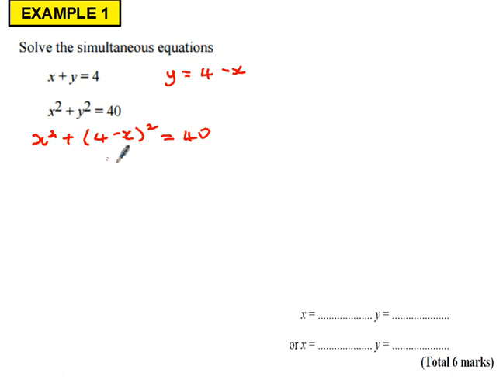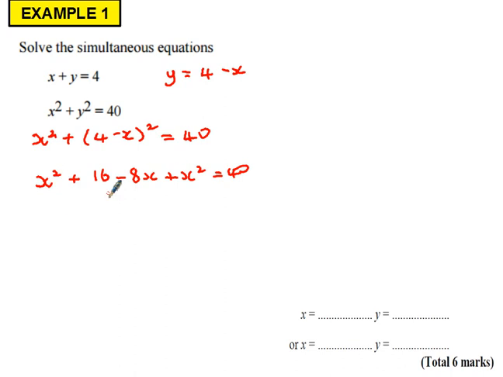So what I need to do now is expand this bracket. Now I'm not going to go into detail about how you expand brackets, again that's for another video. So we've got x squared plus 16 minus 8x plus x squared equals 40. Now effectively what I've now got is a quadratic equation that I need to solve for x. So I'm going to collect like terms and make one side equal to 0.